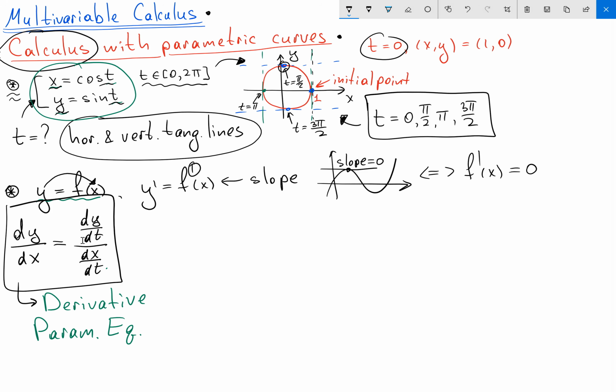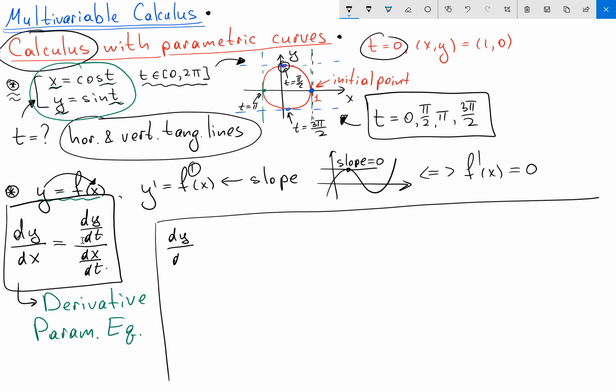So we have a formula: if you want to find the derivative, you just need to find dy over dt and dx over dt. Let's find, for this example, what dy over dt and dx over dt are. y is sine t, so dy over dt is just cosine t, and dx over dt is going to be negative sine t, because x equals cosine t, so we'll have negative sine t.